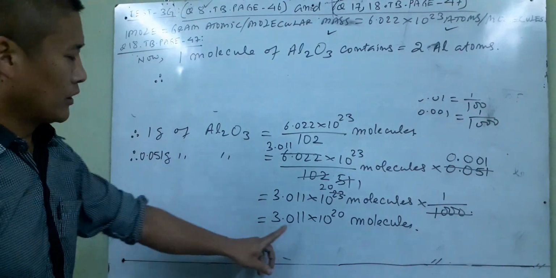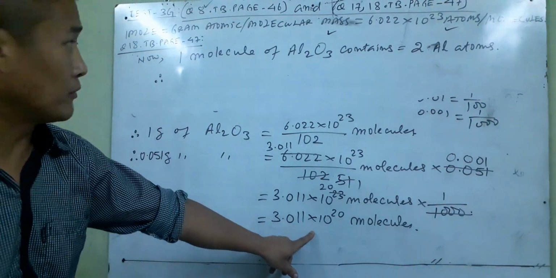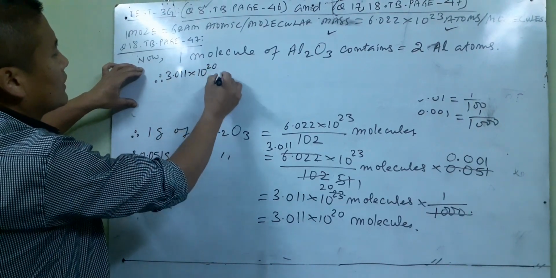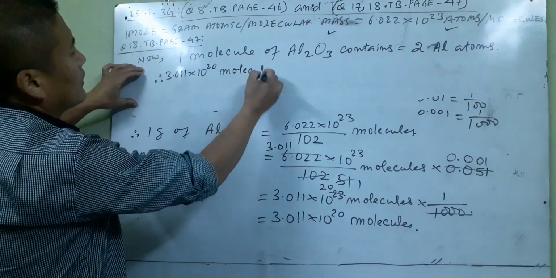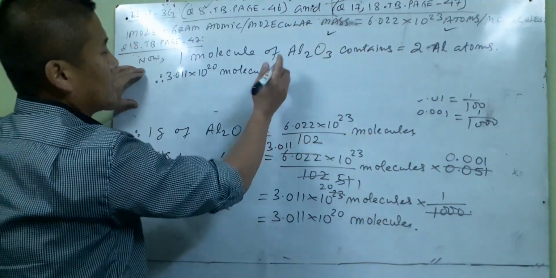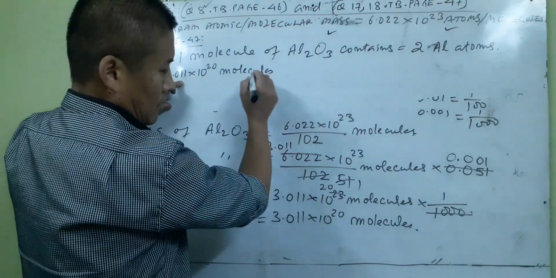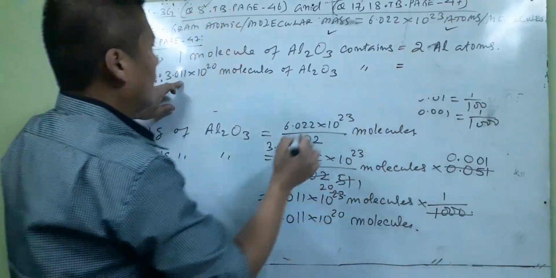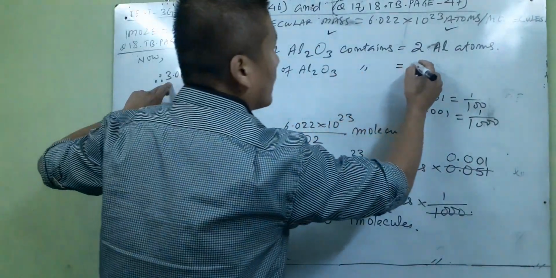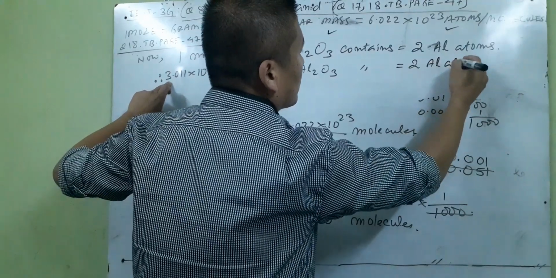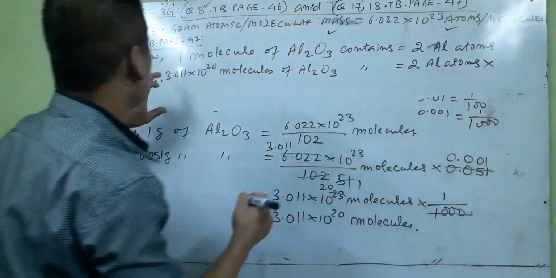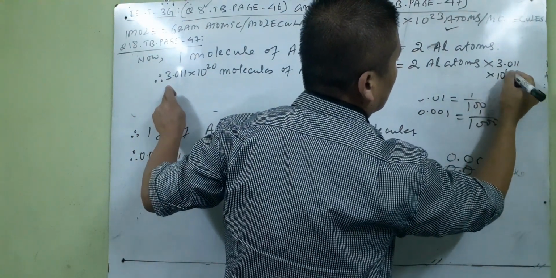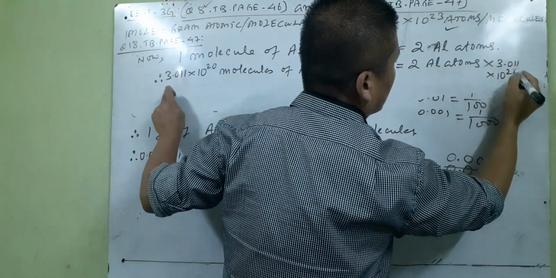Therefore, the total number of molecules in 0.051 is so many. So we write that one. So 3.011 into 10 to the power 20 molecules. One molecule, very easy, we got it. 2 aluminum atoms are there, you see. So this many molecules of Al2O3 will contain, here 1 molecule 2, means these aluminum atoms, write the same thing multiplied to this number, 3.011 into 10 to the power 20.